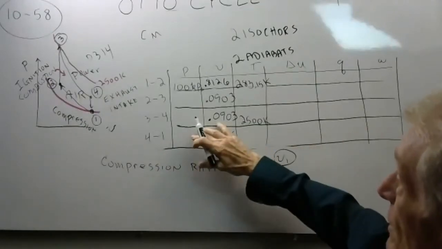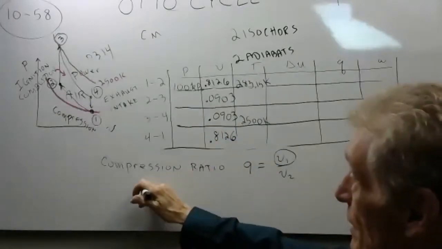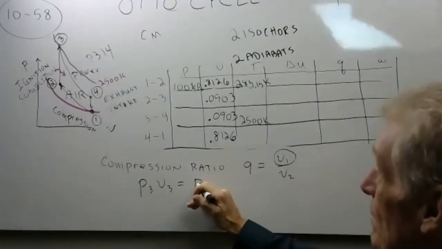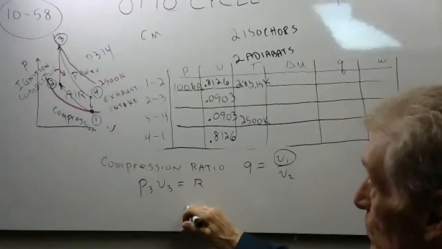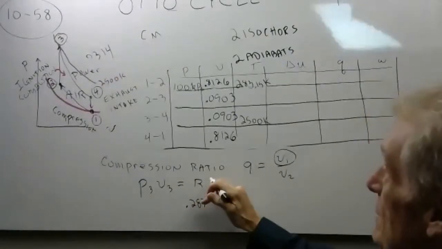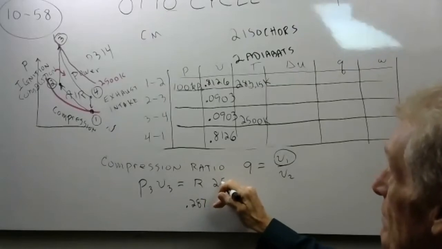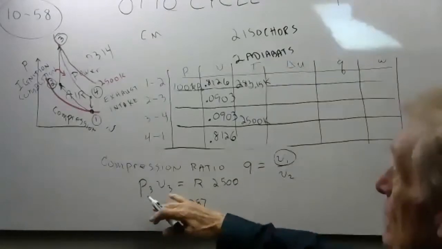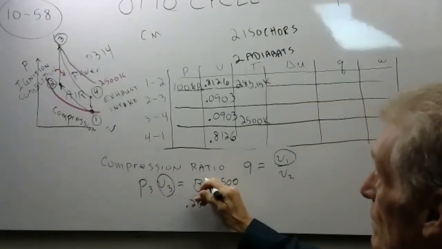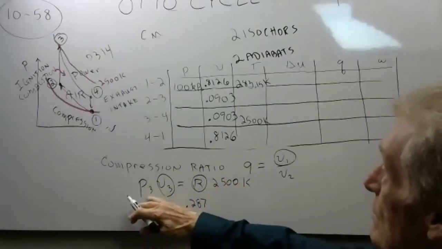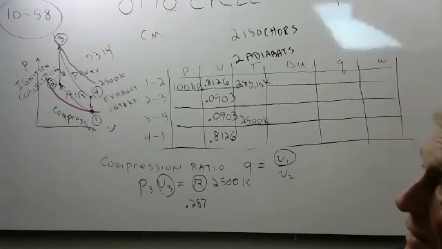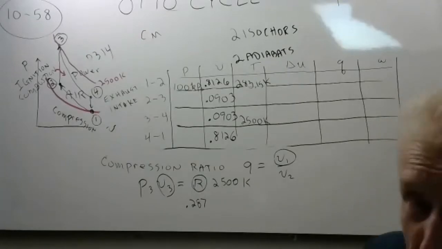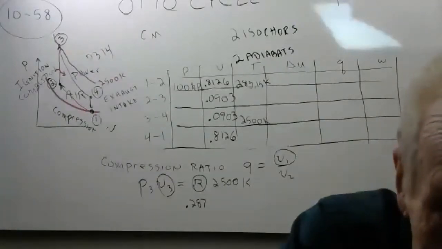Hey, wait a minute. Look here. P3 V3 is equal to R, which we know, it's air, 0.287 times T3. We know what V3 is, and we know what R is. So give me P3. Give me P3, and then I'll call on I think Cameron is next.